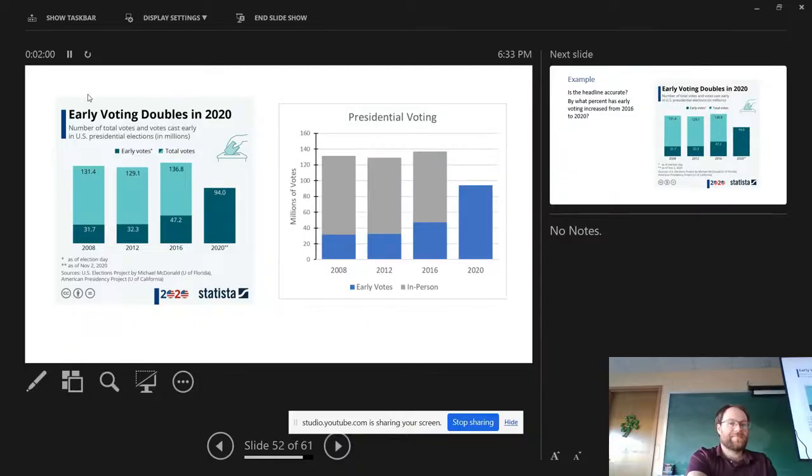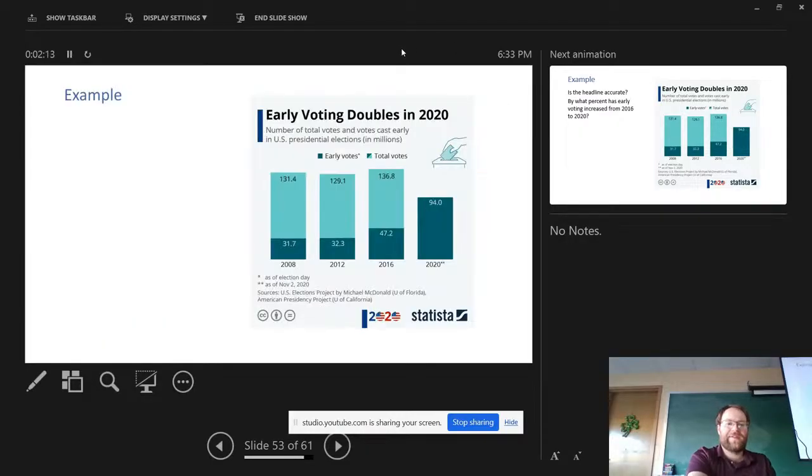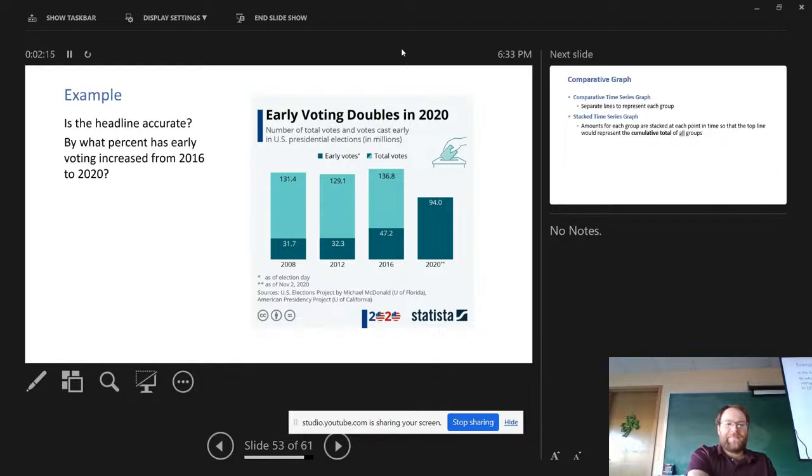Presidential voting. This is done in Excel here for stacked bar chart. Is the headline accurate though? Did early voting double in 2020?